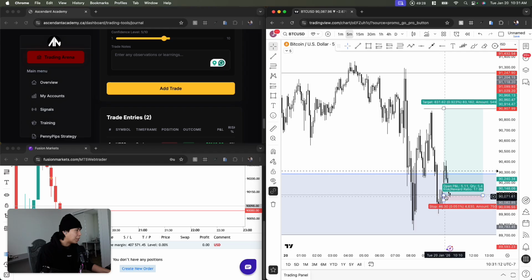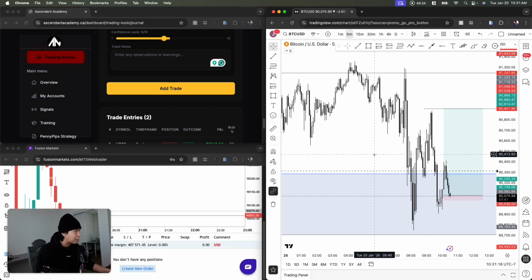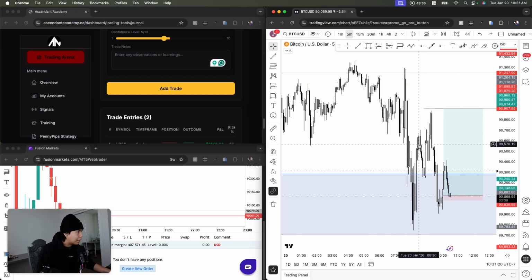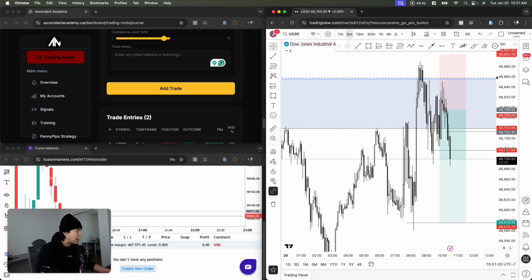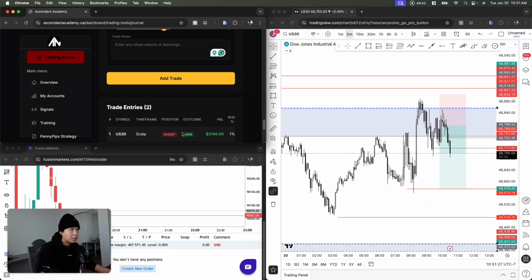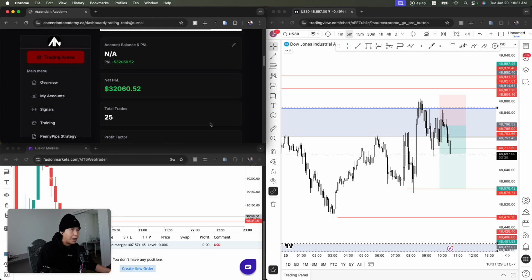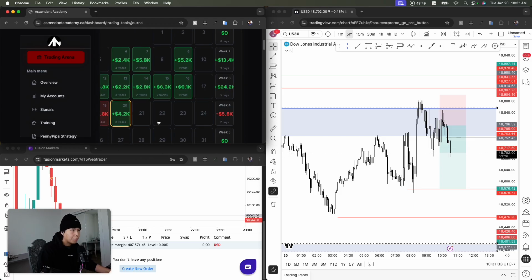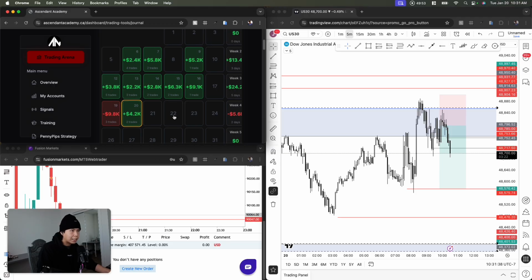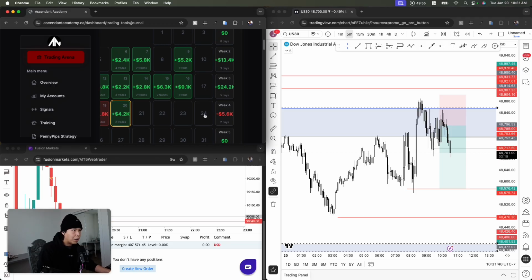Because if it did move like how US 30 is impulsively into my analysis, we would probably be locking in like $10,000 for the day on this trade, but that's okay. And it wasn't quite enough to scrape our way back from this loss I did yesterday. But overall, we're cutting into it a bit more. And if we keep on having trading days like today, we're obviously going to come out on top for the week.